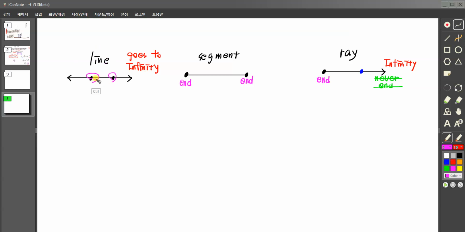Line has no end. It goes to infinity, to the right side and to the left side. So there's line, segment, and ray.